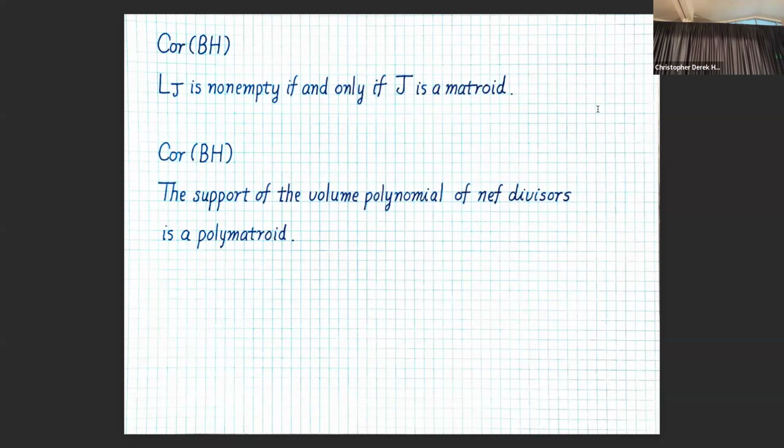Coefficients are the intersection numbers, and you just remember which collection of nef divisors intersects to zero or non-zero. And if you collect everything that intersects positively, then it will form a polymatroid, in the sense that the convex hull will have only edge directions e_i minus e_j, simply because any volume polynomial is a Lorentzian polynomial.